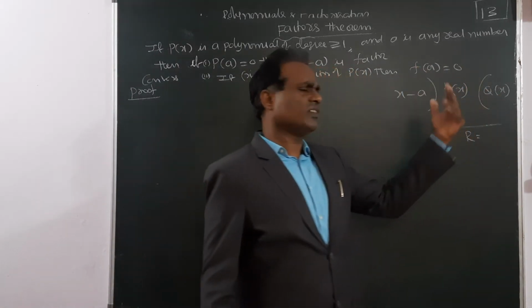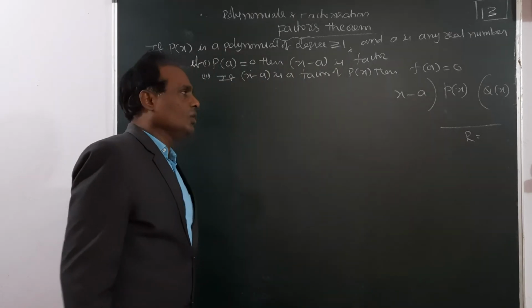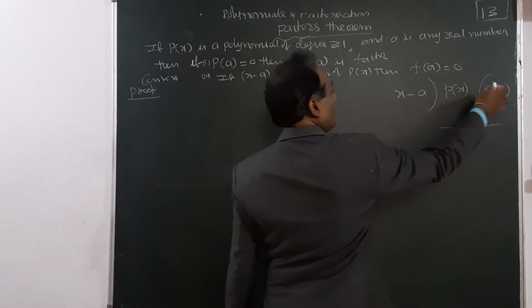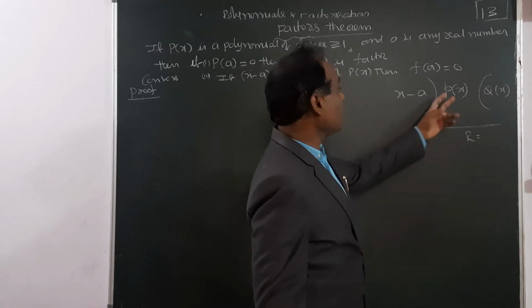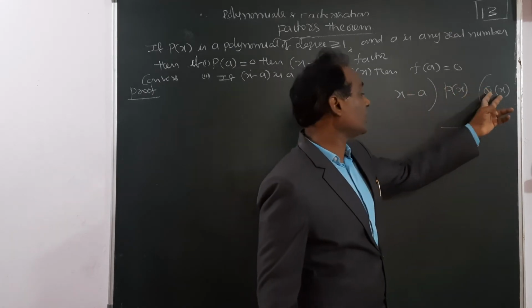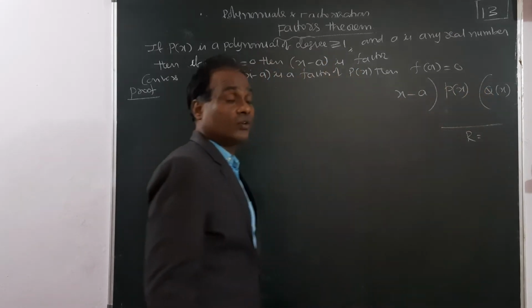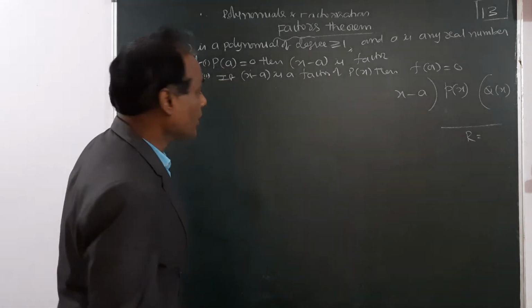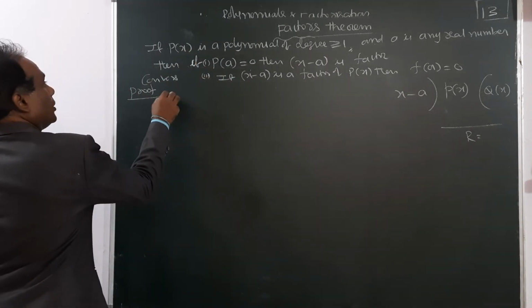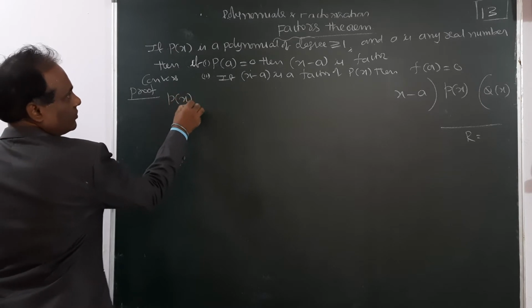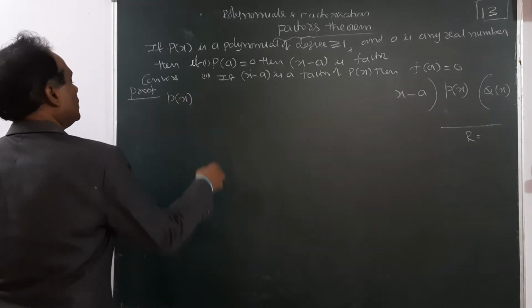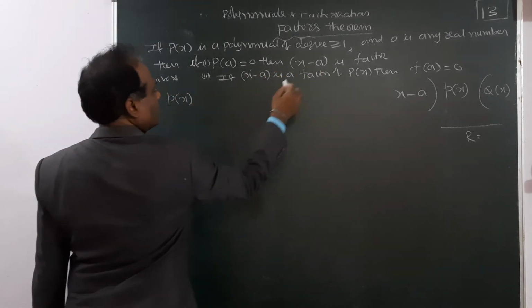This is the general division rule. We have a relation between all these four. You know that relation: dividend is equal to divisor into quotient plus remainder. That formula is called the division algorithm. So here p of x is divided by x minus a.